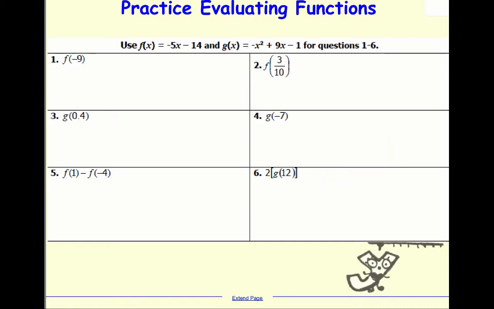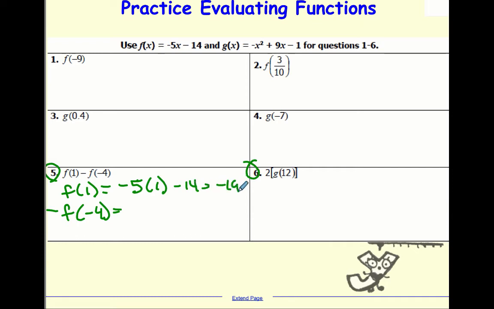On problems like number 5 and number 6, there's a little bit extra to do. For example, on number 5, it's saying first you do f of 1 and figure out what it is. Then, whatever you get, you're going to subtract f of negative 4. So we have negative 5 times 1 minus 14, which would be negative 19.